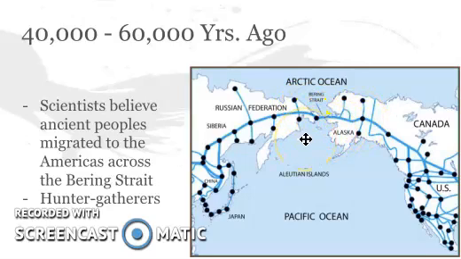Another theory is that they got to a certain point where land stopped, so the early people boated over to this side, to the Americas. It is theorized that people were following the migration patterns of mammals. So once the early hunter-gatherers got into this area, they migrated and they spread out between North and South America.